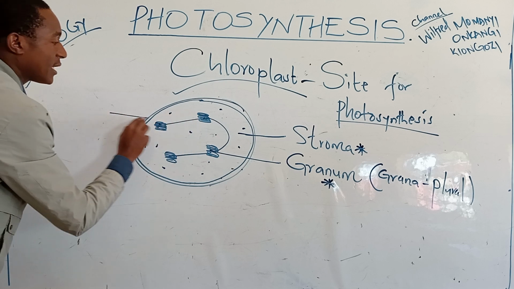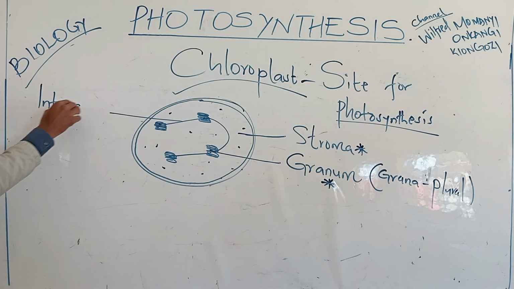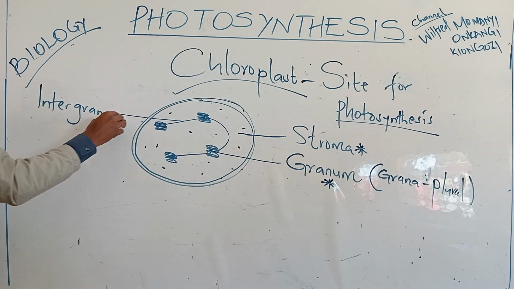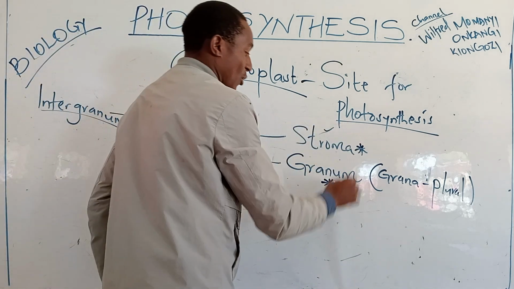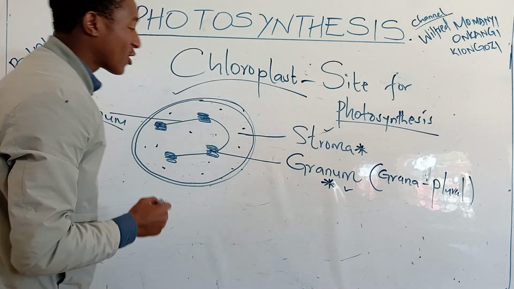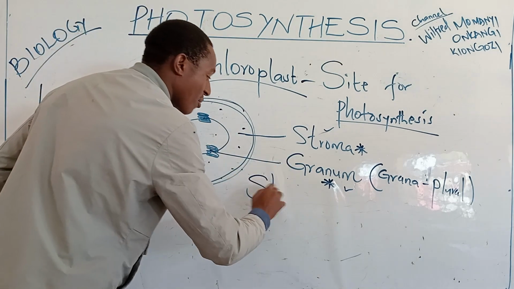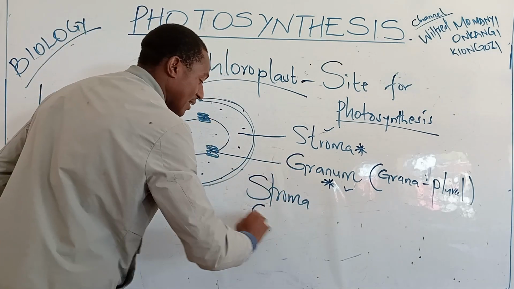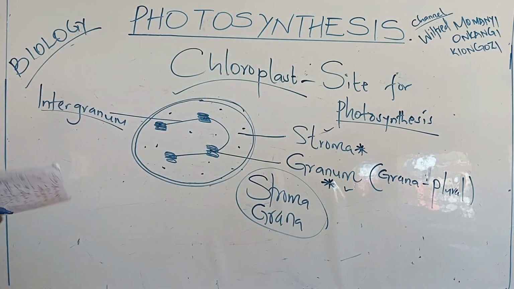It is called the lamella or the intergranum, singular. So these are the two important parts of a chloroplast that will be site for photosynthesis: the stroma and the grana.